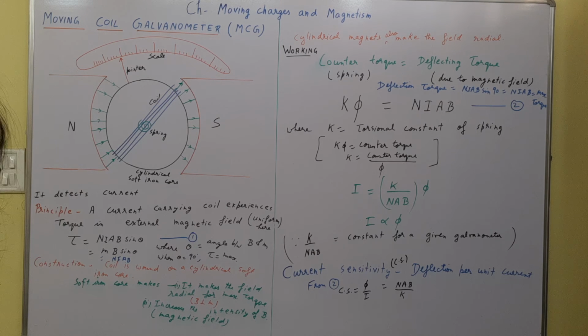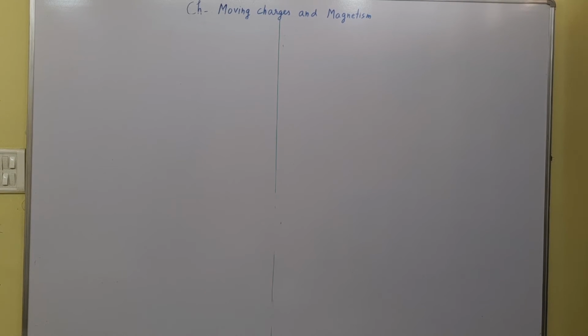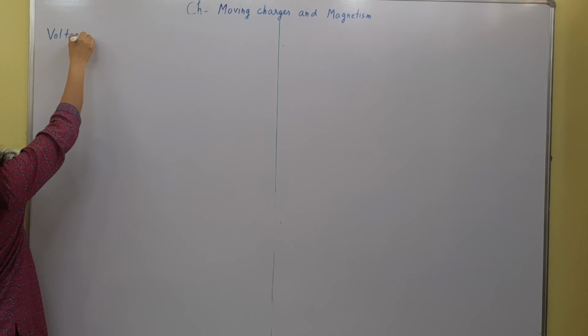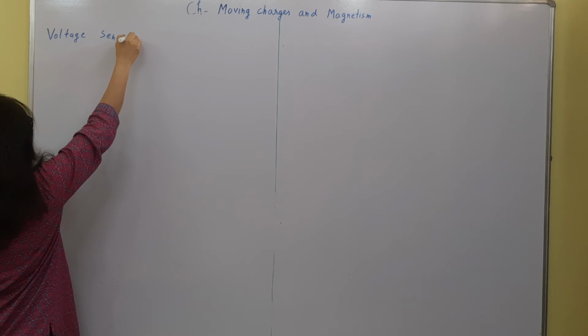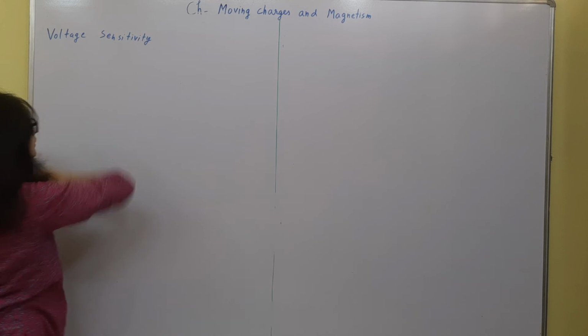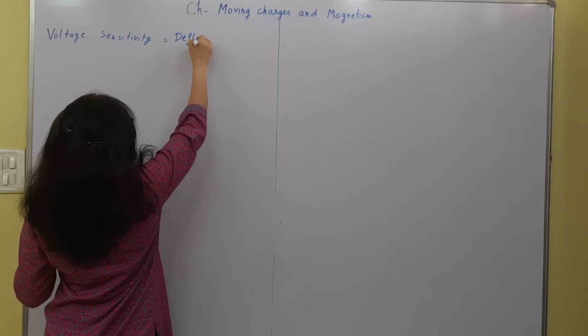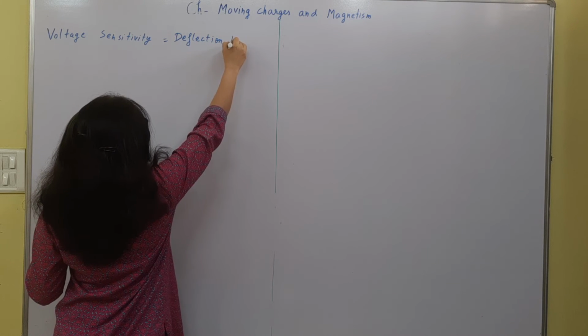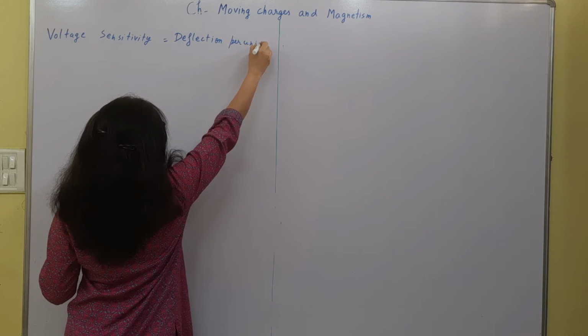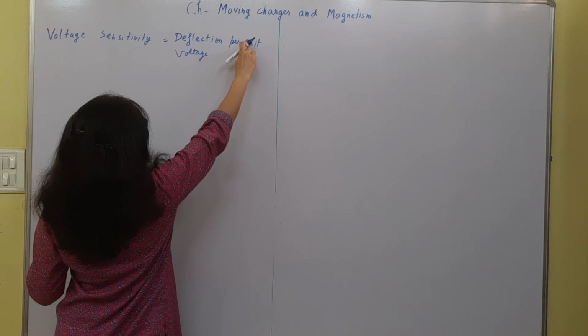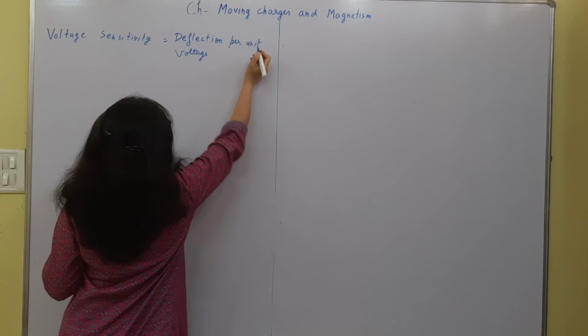Then we have voltage sensitivity. For that we need to rub the board first. Now we can write the voltage sensitivity. This is deflection per unit voltage. Right?